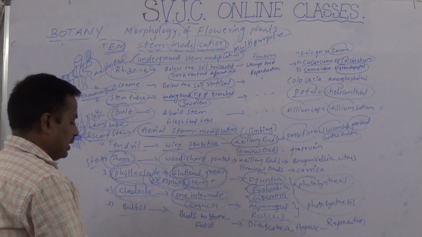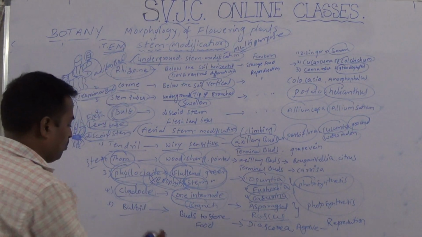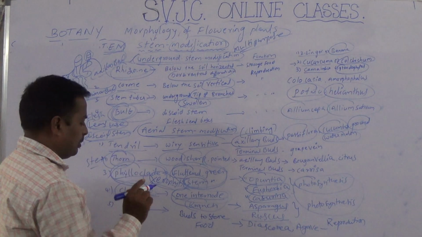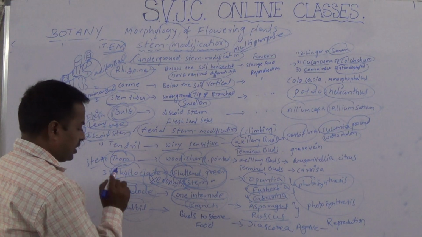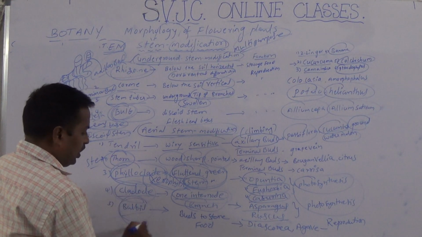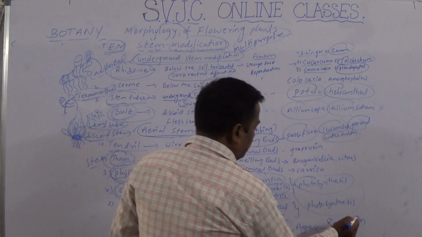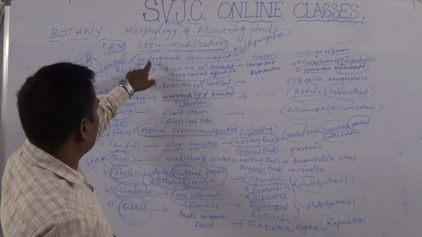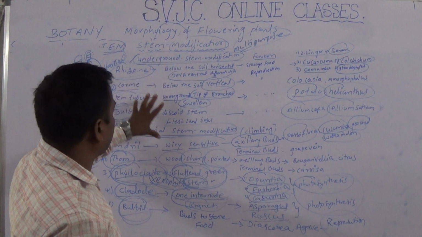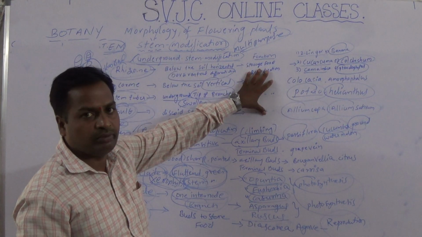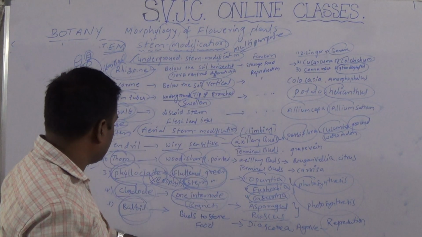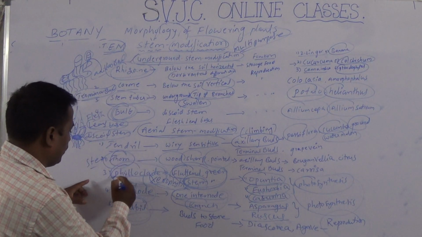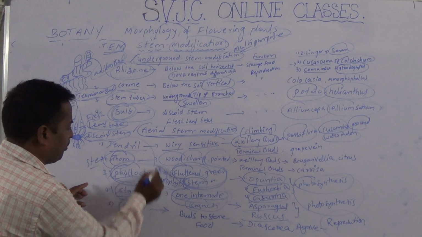The last one is bulbil. Students, this is a very important point from the examination point of view. Bulbil only performs vegetative reproduction. In underground stem modifications, all modifications perform vegetative reproduction. But in aerial stem modifications, the tendrils, thorns, phylloclades and cladodes do not perform reproduction.